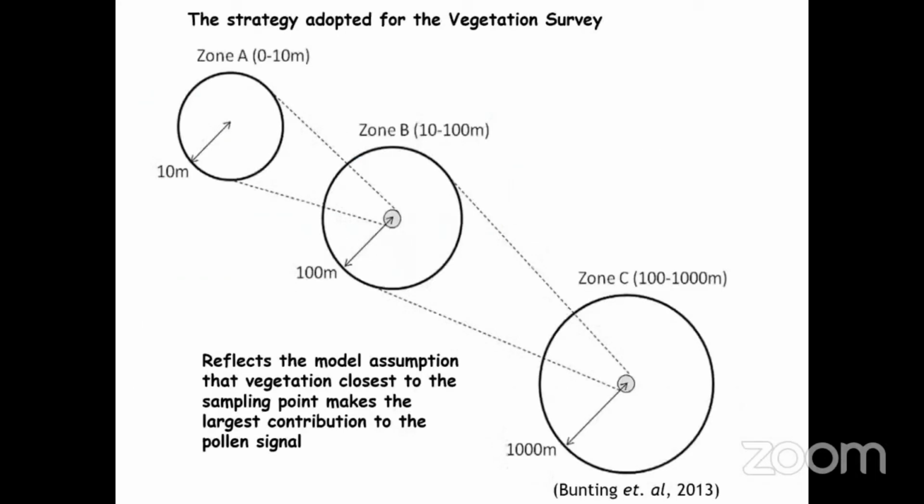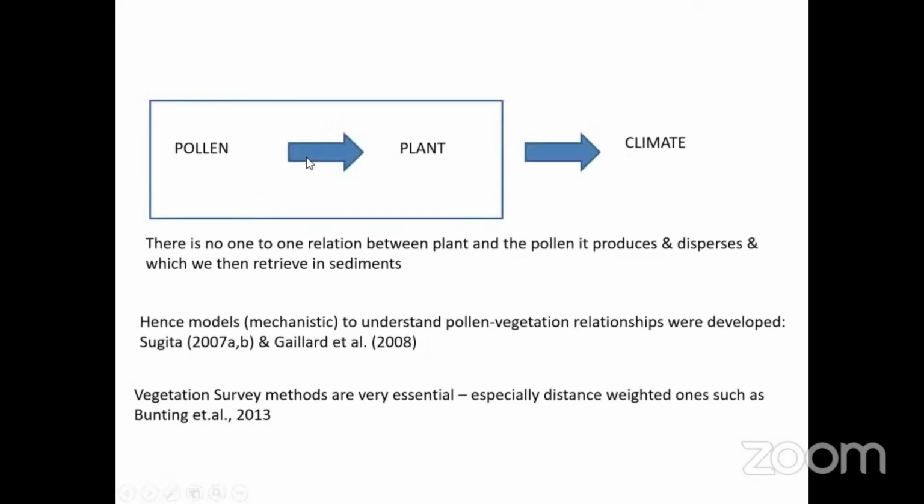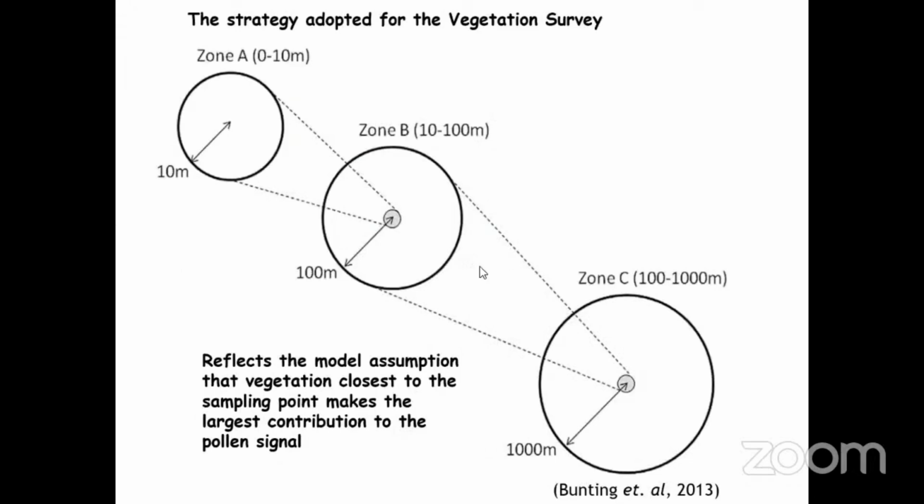So this requires us to do vegetation surveys, which is very, very important, and it needs to be distance weighted. So what do I mean by distance weighted? You take a pollen sample here, and then within around 10 meters, we have 21 quadrats of 1 by 1, because the assumption is that the vegetation closest to the pollen sampling makes the maximum contribution.